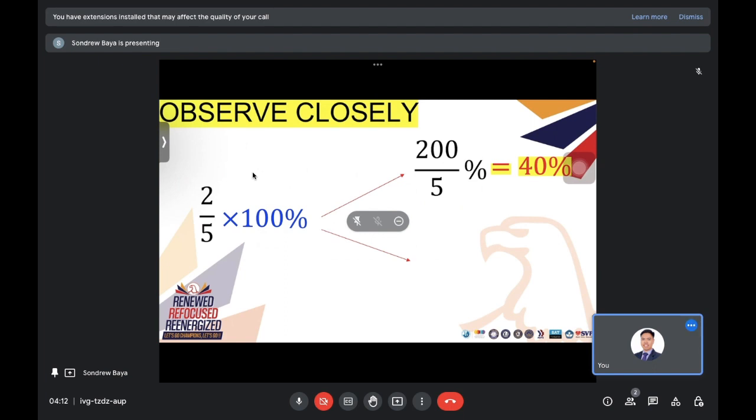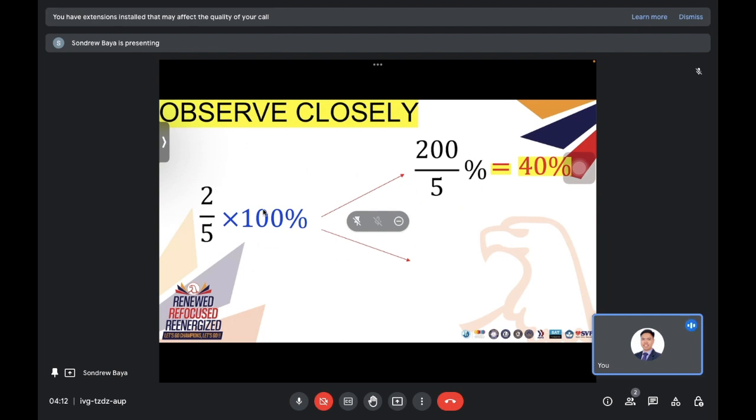So why not divide first if it's divisible? Or simplify first if it can be simplified? And whatever the result, then we multiply it to the numerator. Because when we divide or simplify, the number becomes smaller, so it's a lot easier to multiply it to the numerator. All right? So that's the second process.